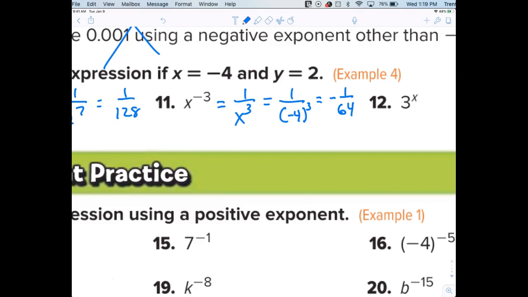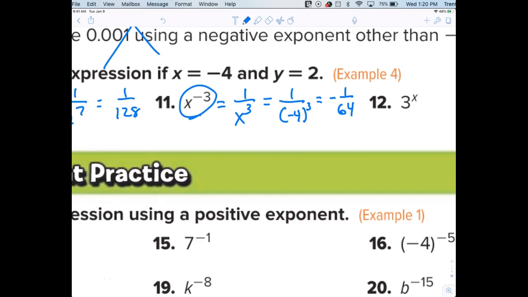So you typed in on your calculator negative 4 to the negative 3. So what's the answer, guys? 1 over, yes, 4 cubed is 64, but the original problem is x to the negative 3.